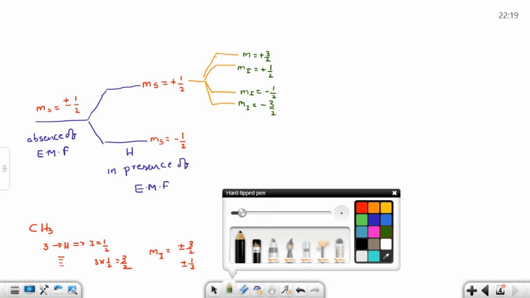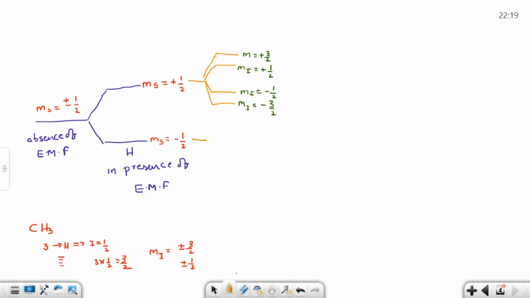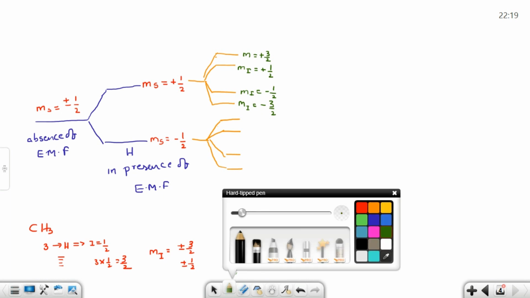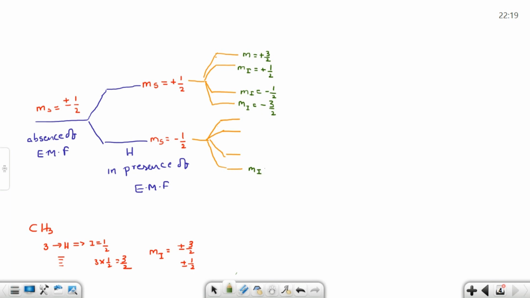Similarly, these 4 spin states again come into interaction with the minus half electron spin state, that is plus 3 by 2, plus 1 by 2, minus 1 by 2, and also minus 3 by 2.